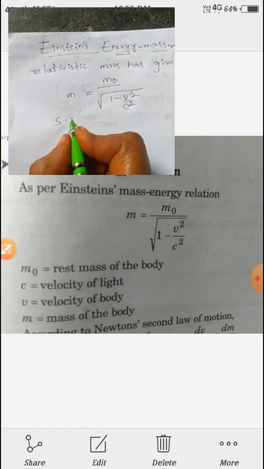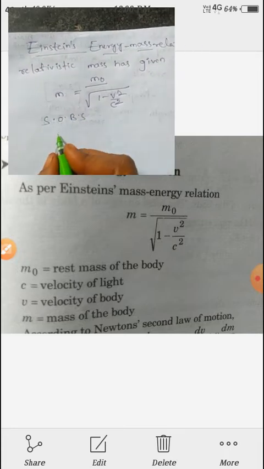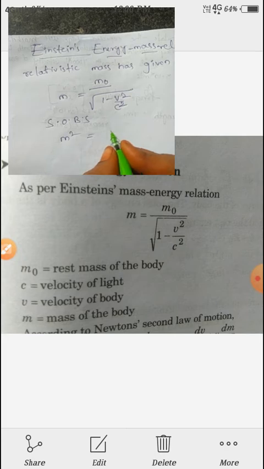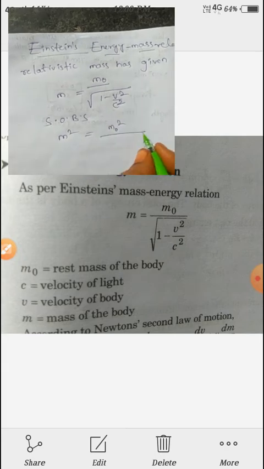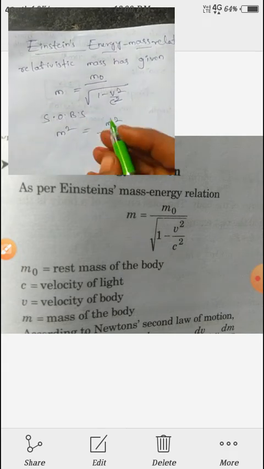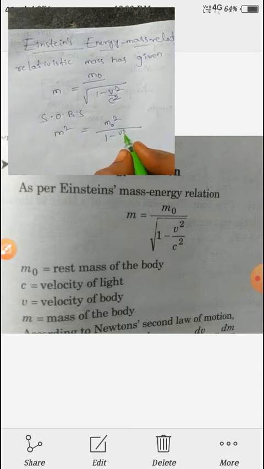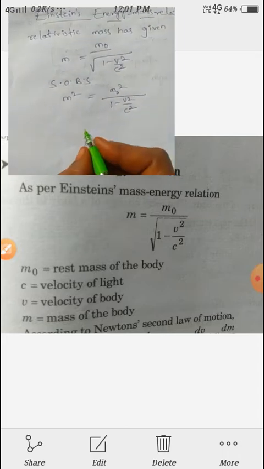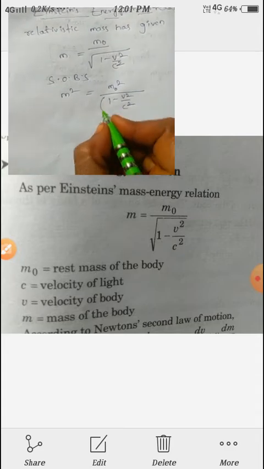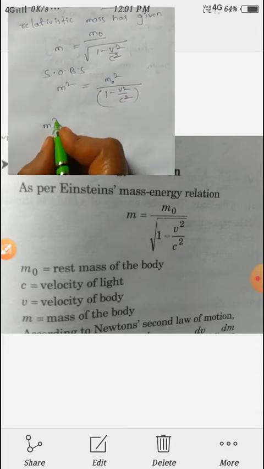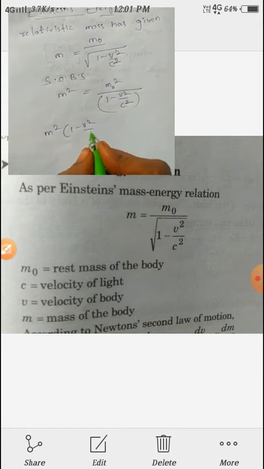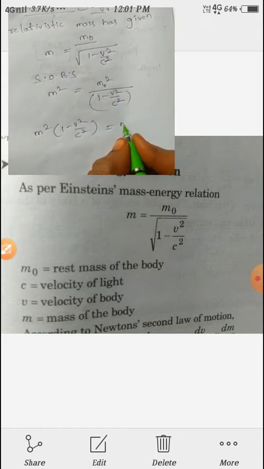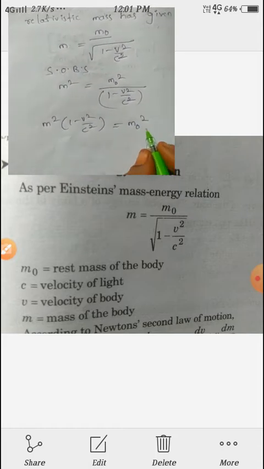Squaring on both sides, m square is equal to m naught square by 1 minus v square by c square. So next step, 1 minus v square by c square is equal to m naught square by m square.